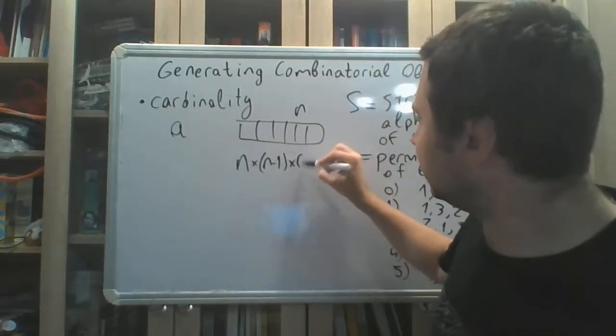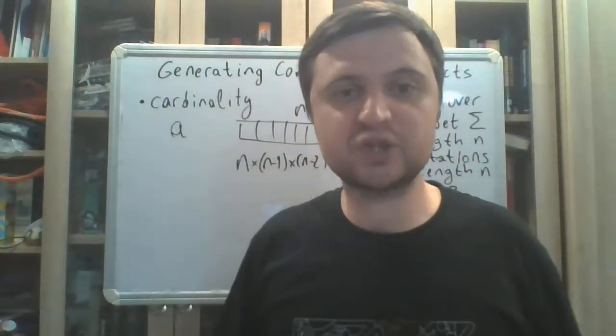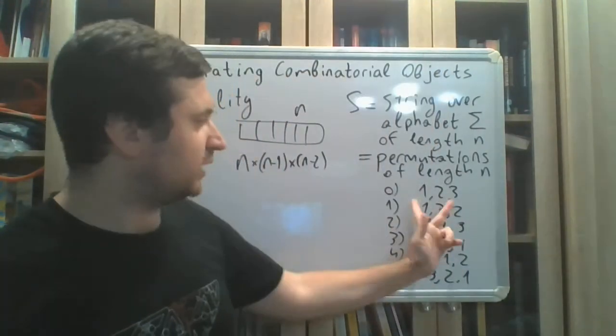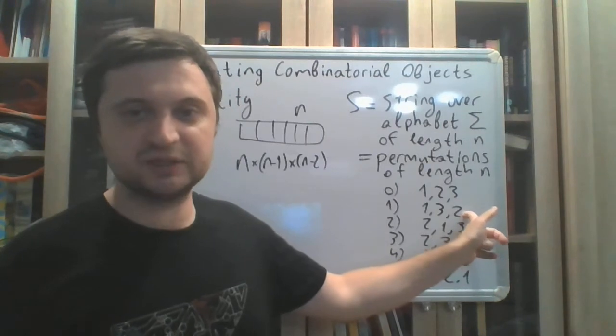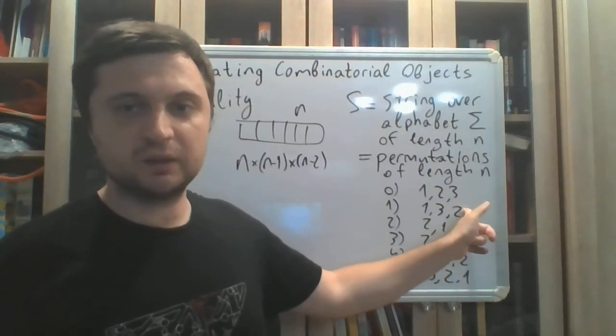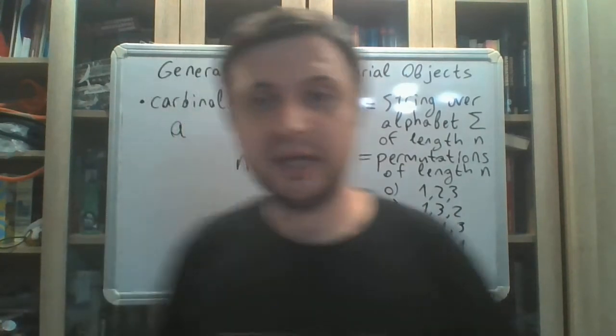So there are exactly n minus 2 possibilities for the third position. And indeed, once you have done, for example, 1, 3, there is exactly one possibility for the last element of this array, and so on.